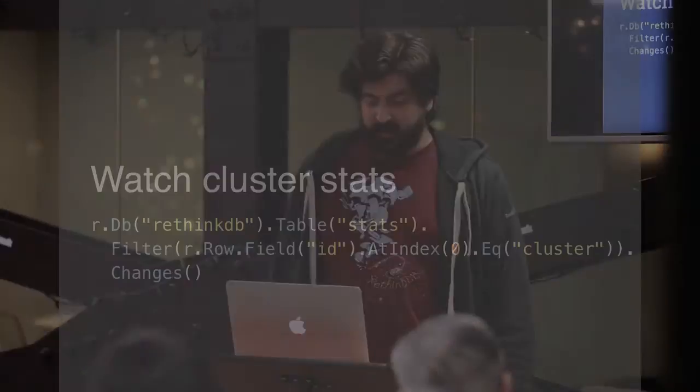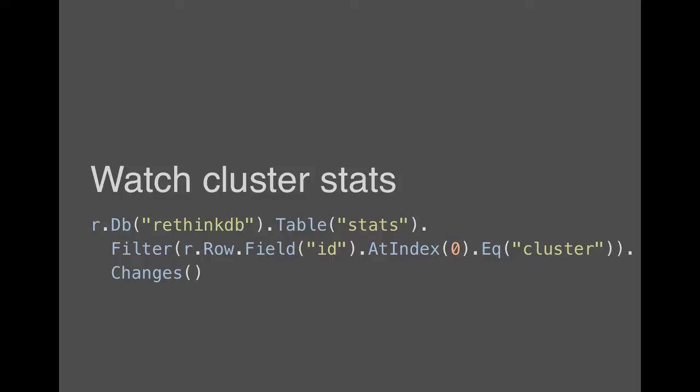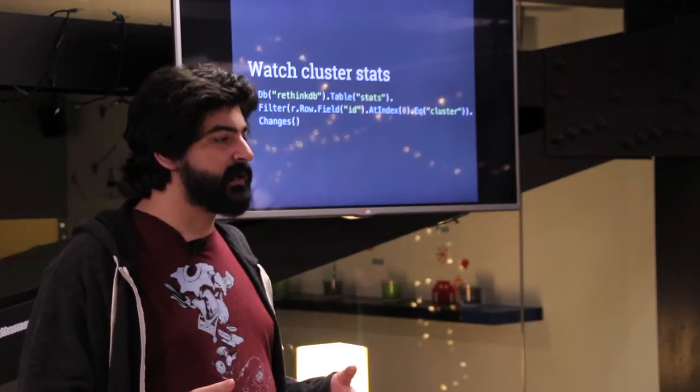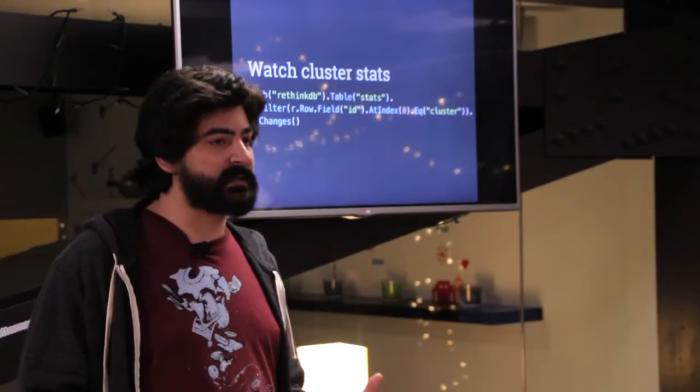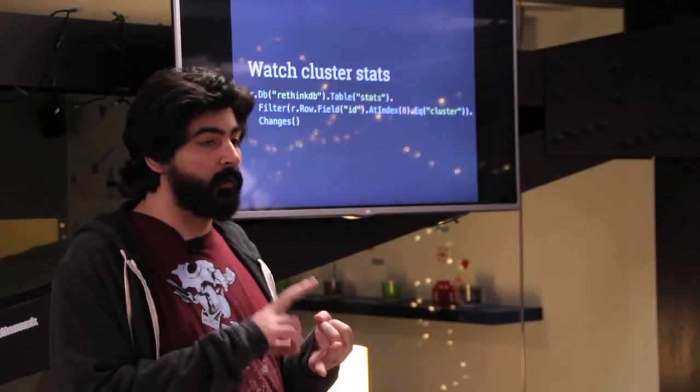Now this is where things get kind of interesting, because when we were originally experimenting with change feeds, the feature was just implemented against the table. You could see any changes to the table, but we thought, wouldn't it be great if you could get changes on any query, like an arbitrary ReQL query? And so we've been adding support for attaching change feeds to different kinds of queries, like a filter or order by.